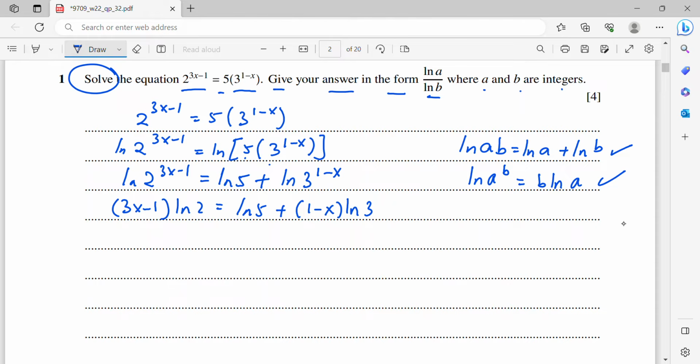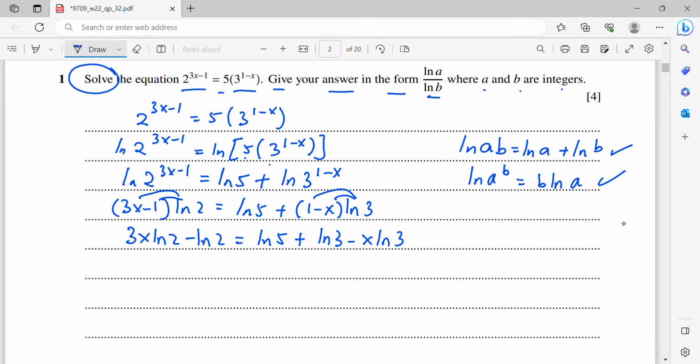So now we need to do the expansion for the term on the left hand side, and also for the second term on the right hand side. So now when I do expansion, I will be getting 3x ln 2 minus ln 2 equals ln 5 plus 1 times ln 3 is ln 3, then minus x ln 3.